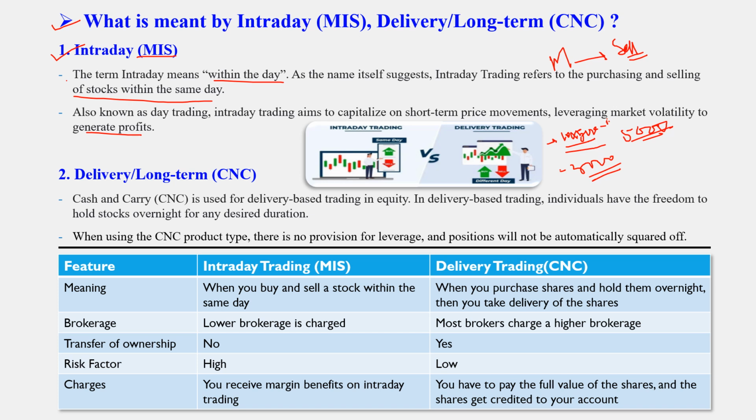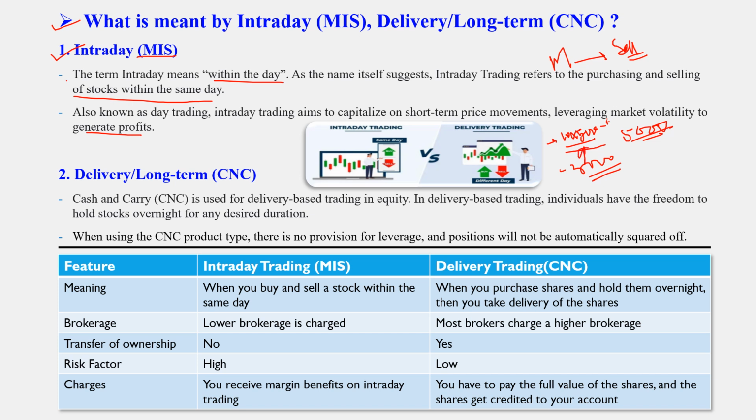But in intraday we receive some margin benefits from the broker through the leverage concept. So this whole trading amount of 5,000 is required, but with the 3,000 we take some leverage amount from the broker, and we trade this stock in intraday.